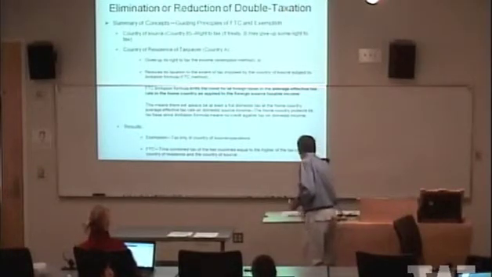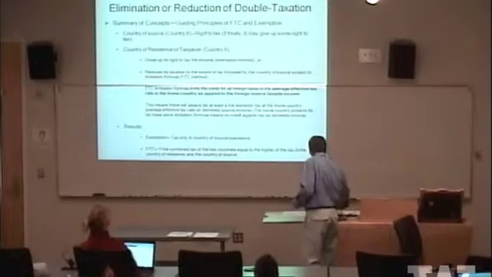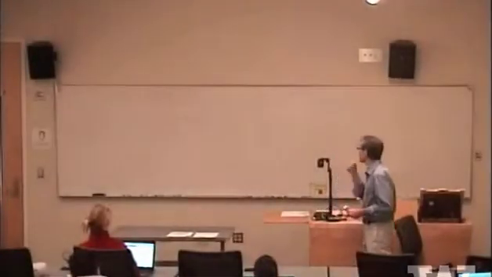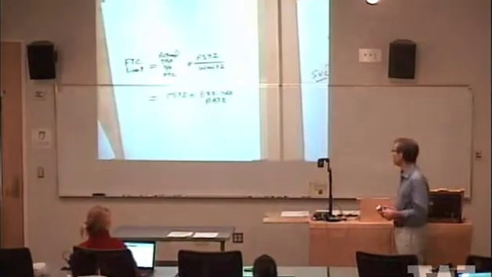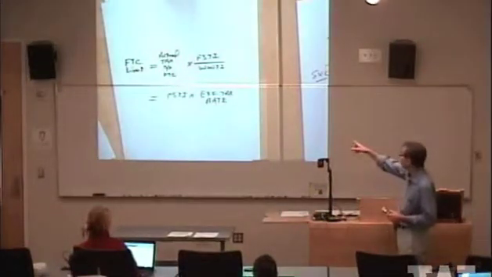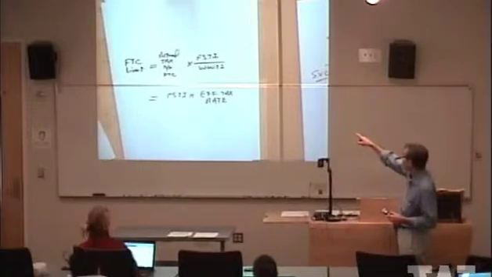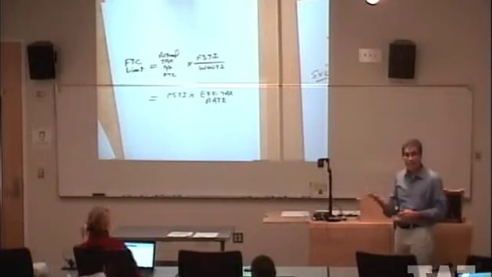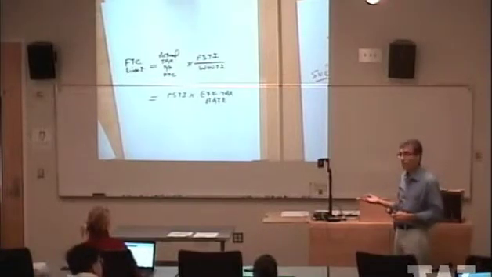If we look at the formula slide, the actual tax before foreign tax credit over the worldwide taxable income is the average effective tax rate in the home country.